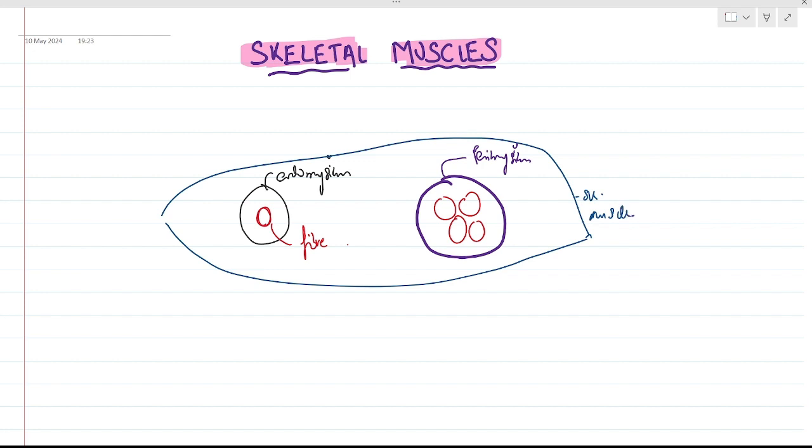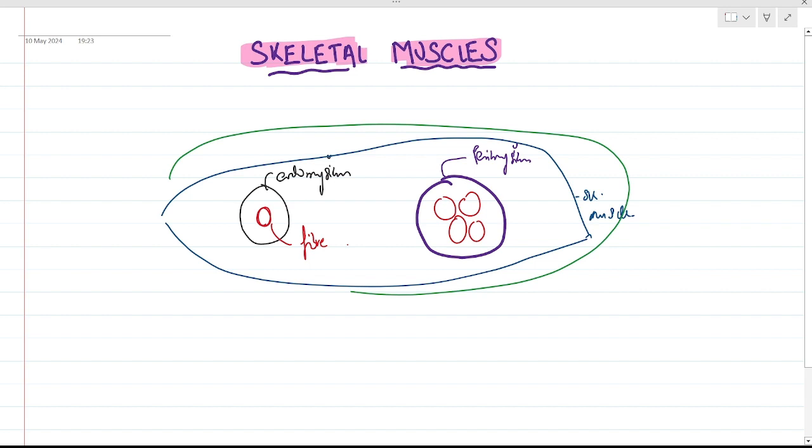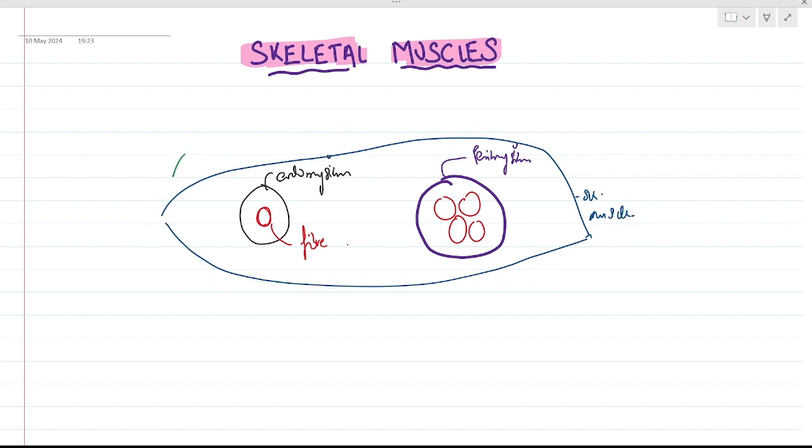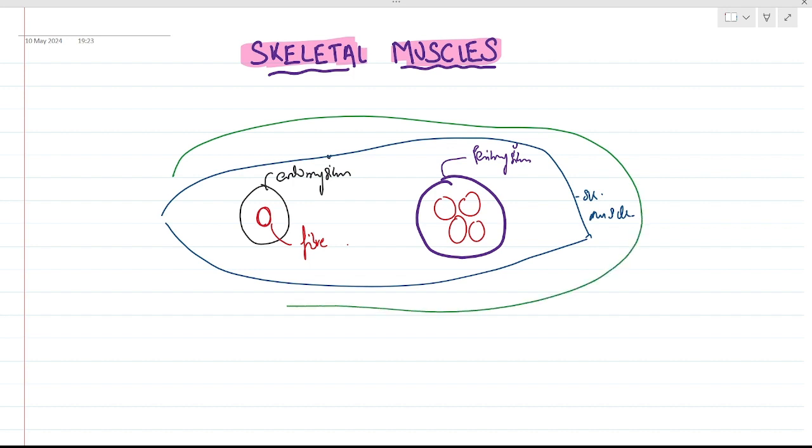Now this skeletal muscle is further covered on the outside. Now this layer is called our sarcolemma. The sarcolemma, we must have heard about this before. The sarcolemma covers our skeletal muscle on the outside. This is the penultimate layer because there is an outer layer outside.